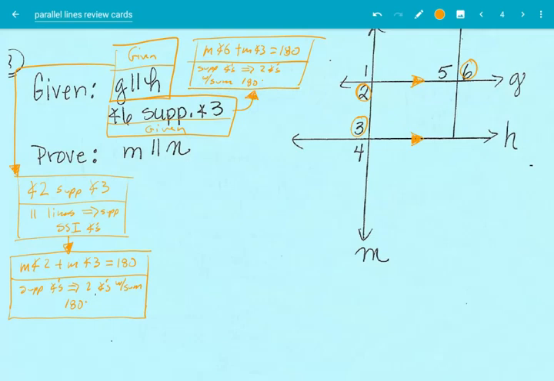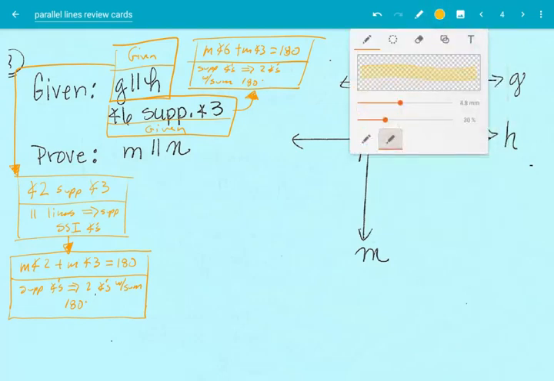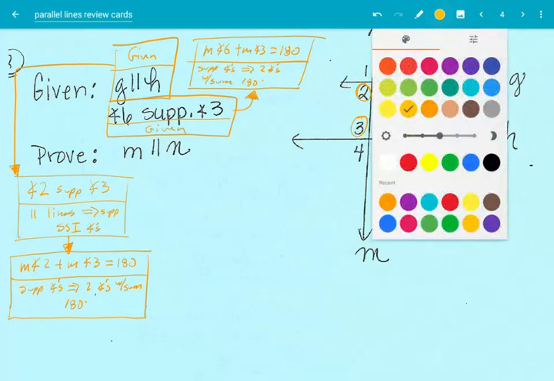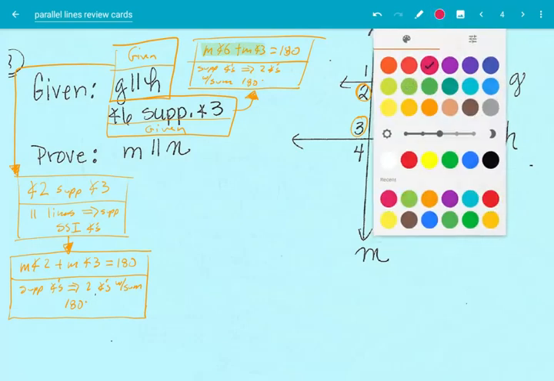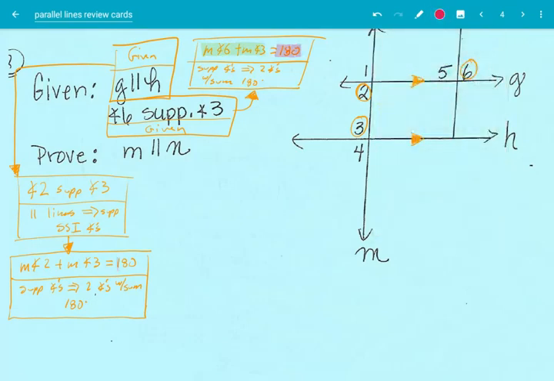Now looky what we have here. 6 plus 3 is 180. Let me highlight that for you. 6 plus 3 equals 180. And 2 plus 3 equals 180.